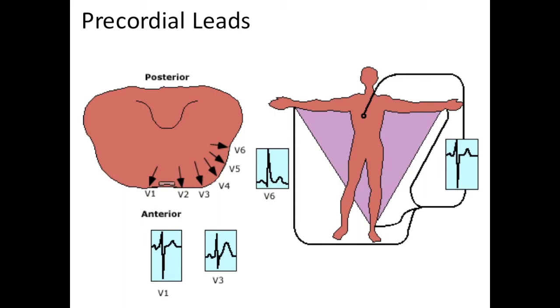So you can think of having the negative charge somewhere in the patient's back, and then you can put leads called V1 through V6 going around the heart, and I'll show you a picture in a little bit. And that will give you electrical vectors going all around the heart, and be able to look at the electrical voltage from different directions.